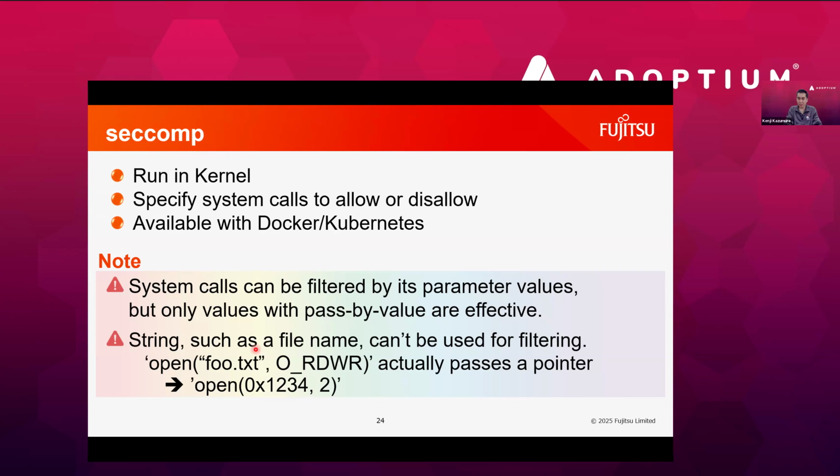For arguments passed by reference, like a file name string, seccomp only sees the address in user space, like 0x1234. So seccomp cannot see the actual file name, like foo.txt. Because of that, it is difficult to filter a system call based on file name with seccomp.